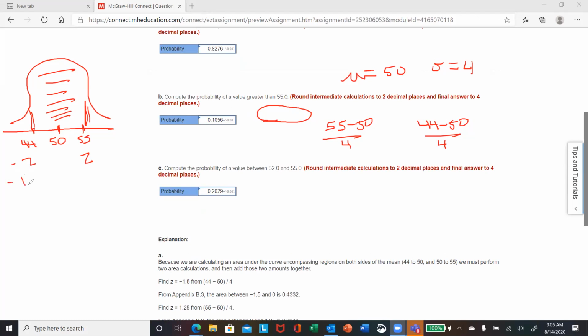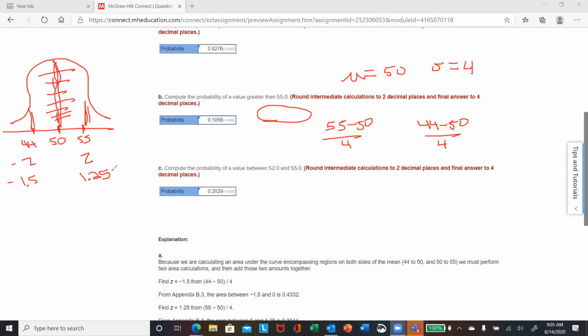And for the 55, it looks like it's 1.25. So in this case, you're looking between two different z values. So if you go to your table and look up 1.25 in your z table, let me draw that to make sure you know where we're looking.